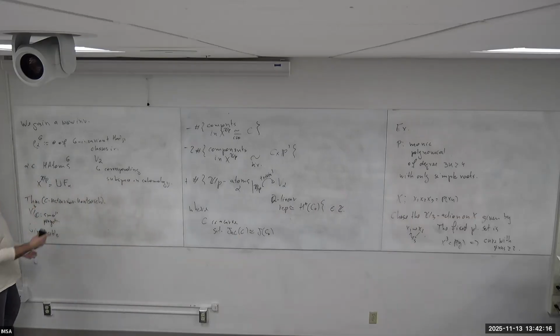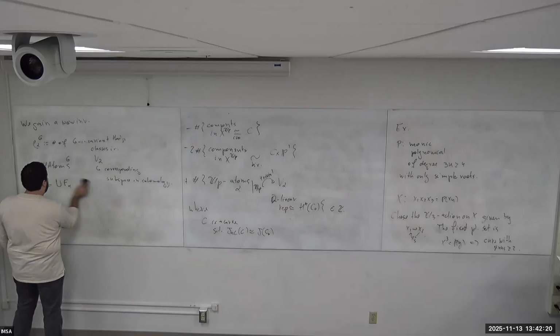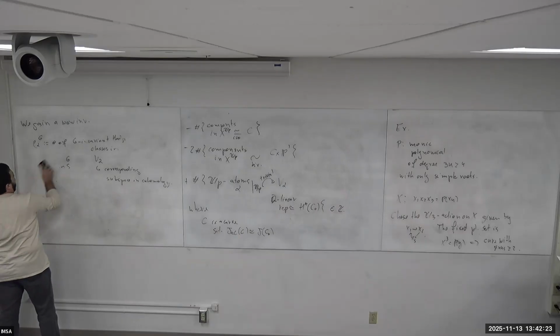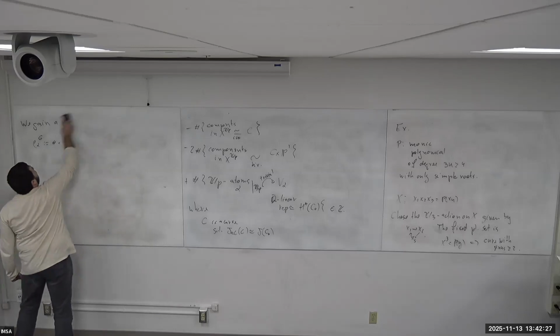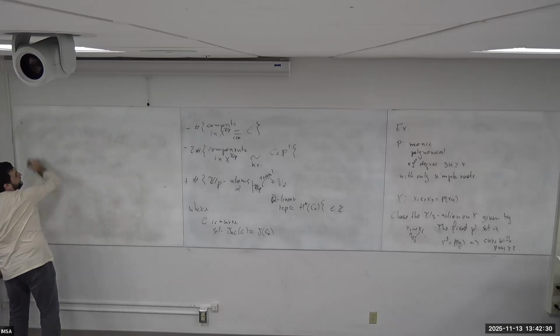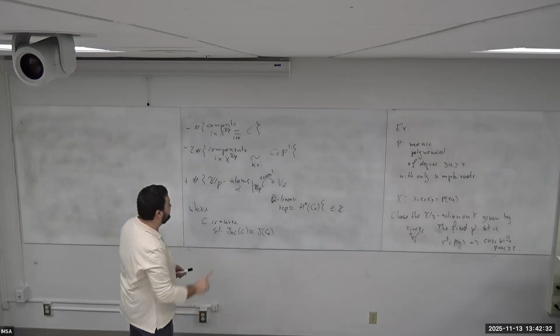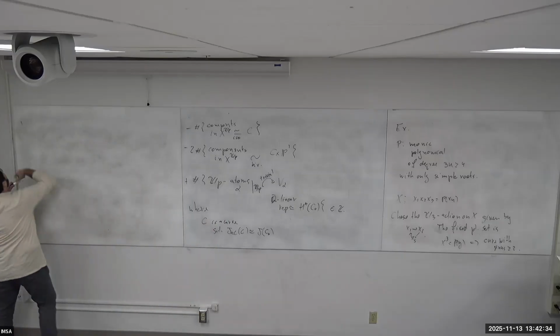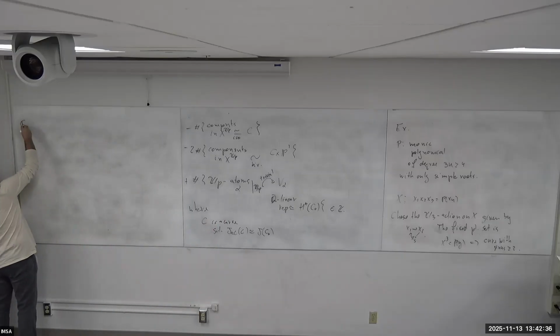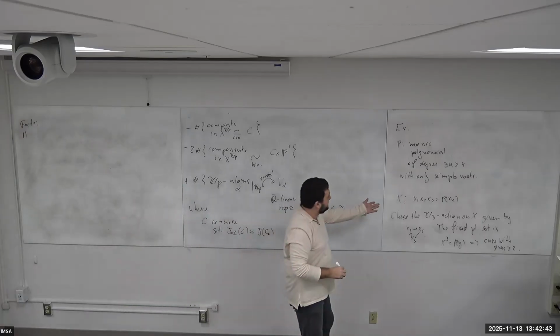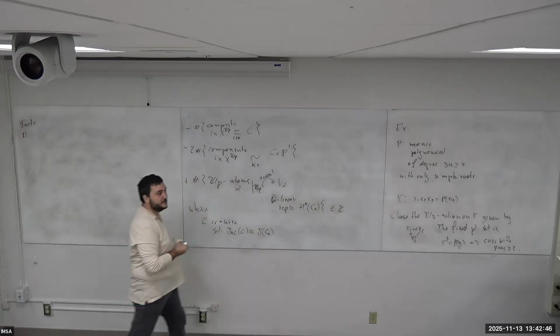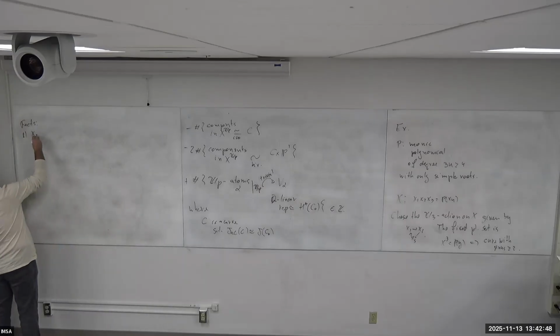Because the hypotheses are smooth projective, give some affine description. So consider this variety. Then some facts. First, this variety is rational.